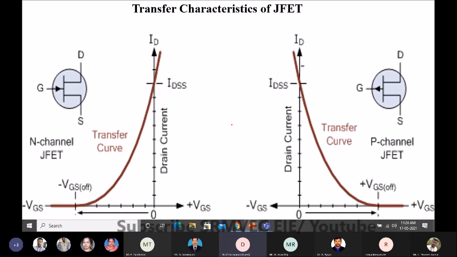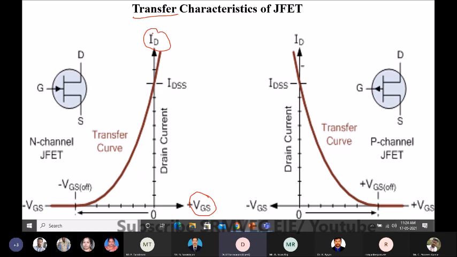There are two characteristics you can see here. Like your BJT has input and output characteristics, here they are called transfer and drain characteristics. What do you mean by transfer? Transfer means from input to output. Gate to source is the input, whereas the output characteristics we see is the drain output, so it is called the transfer characteristic.